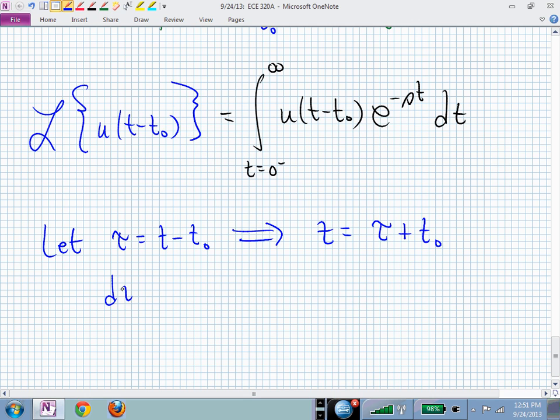And if I differentiate, t naught was a constant, wasn't it? So this small change in t is the same as a small change in tau. d tau is dt.